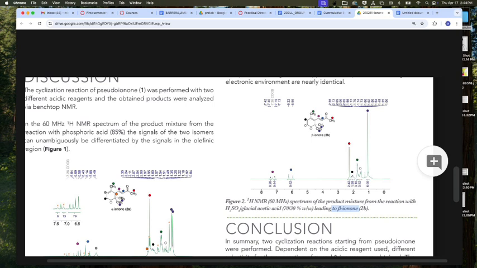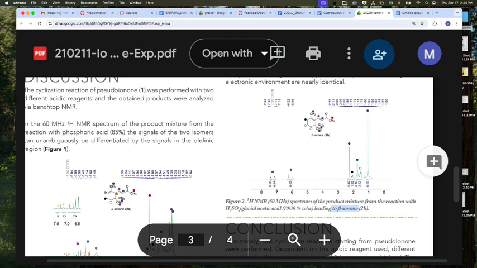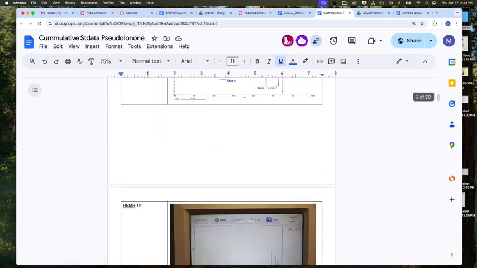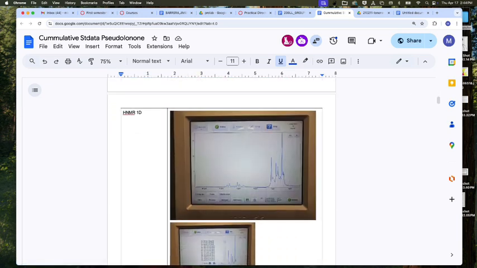Okay, if we're considering that system, how would we interpret it? If we went back to your NMR spectra, how could you look at that NMR and possibly know which of the ionones you have? I don't expect you to.